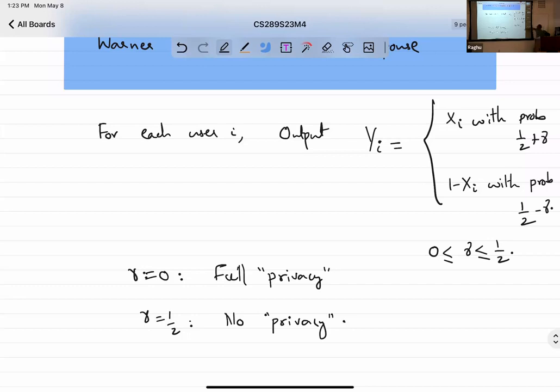No, but if gamma is 0, what's happening? Both of the options, 0 and 1, are happening with probability half. So it's full privacy in the sense that the output distribution doesn't depend on the input distribution at all. Even if everyone was 0, the output distribution will still be the same as even if everyone was 1s.